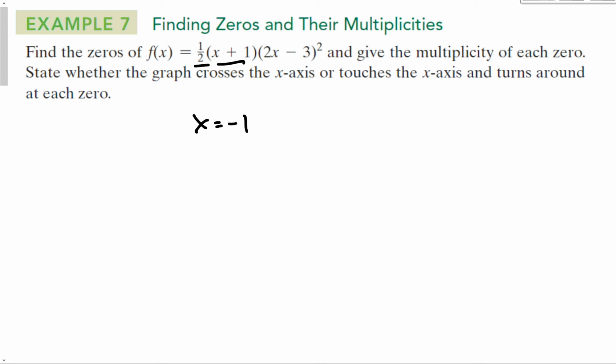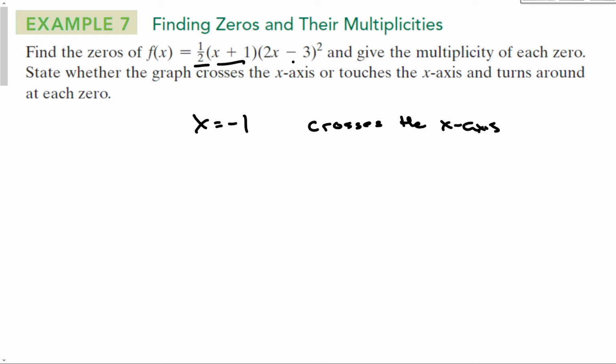So what happens at x equals negative 1? We have to decide whether the graph crosses the x-axis or touches the x-axis. And here, it crosses the x-axis.